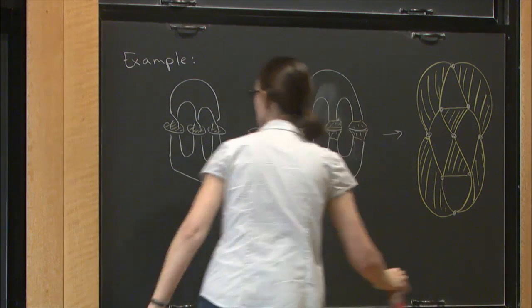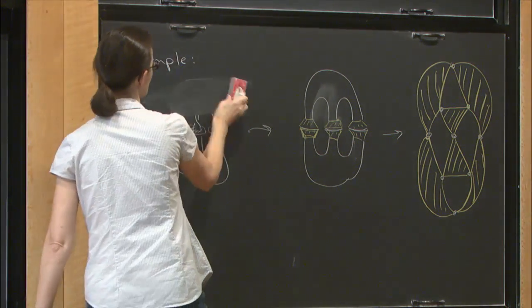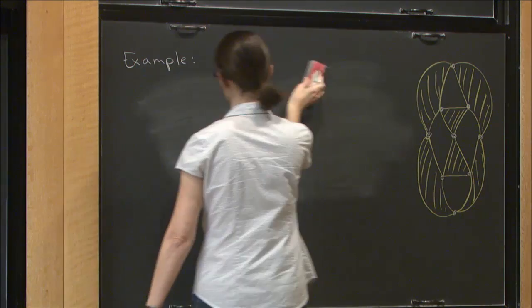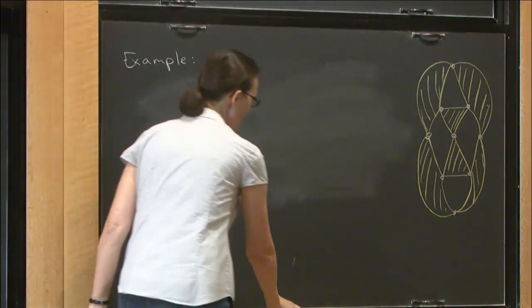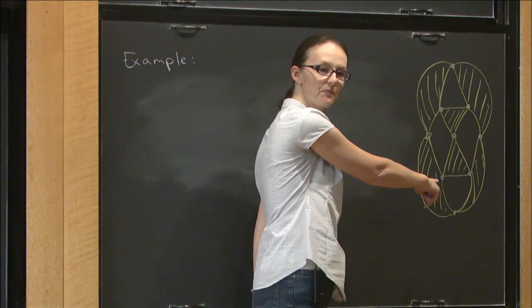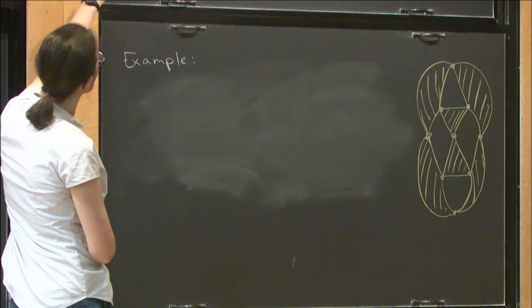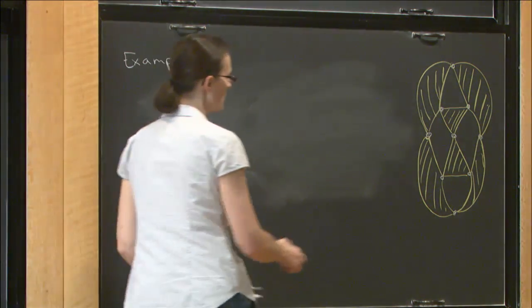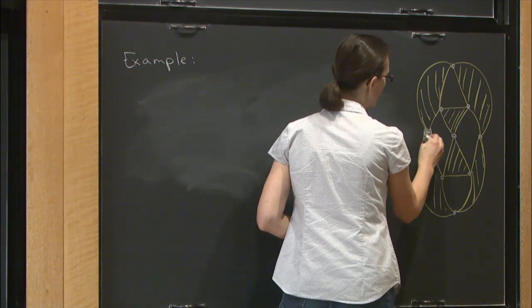So let's take this example. Let me erase. The link complement that I just erased has a decomposition into 2 polyhedra that look like this. What I need to do first is assign an angle to every one of these yellow edges that I see. Think of these dots as going to be truncated, and they're going to be squares.